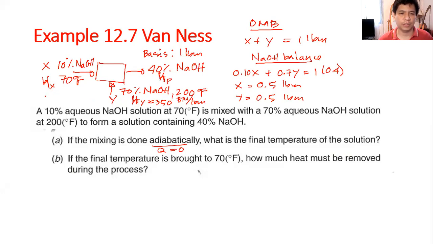Tapos ito, this is 34. Okay, and then we have calculated that x is equal to 0.5 and y is equal to 0.5. So if the mixing is done adiabatically, so Q is equals to 0, what is the final temperature of the solution? Itong 40% solution.